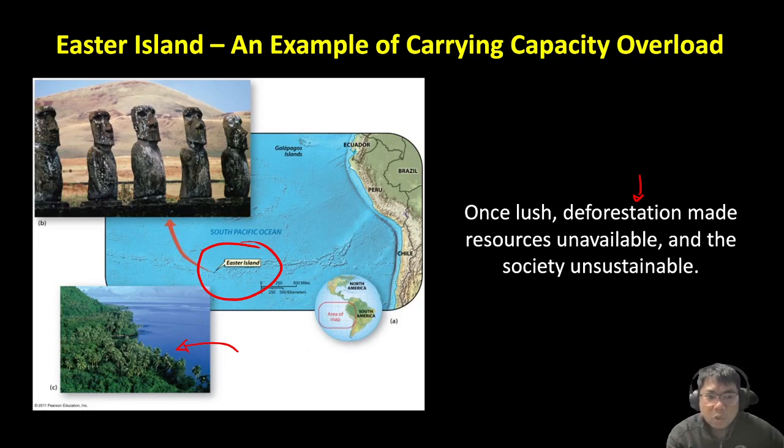Okay, and we don't want that. This is just a little example of carrying capacity overload that occurred on a small island in the Pacific Ocean, but we do not want this to happen on a bigger scale. Okay, and we need to prevent that from happening on a bigger scale as well.